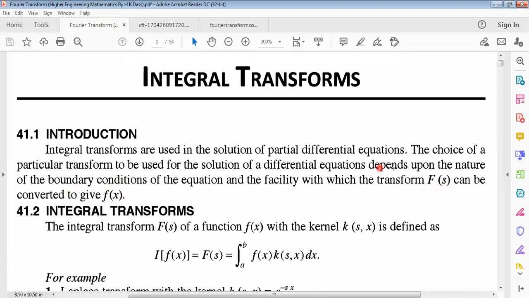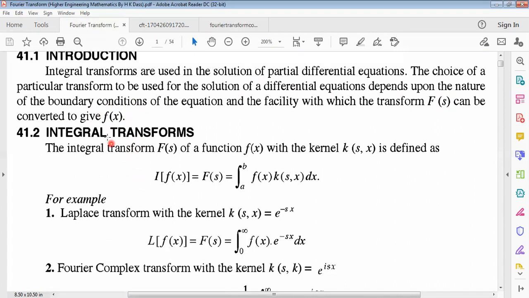Okay, this is the actual Fourier transform, the integral transform F(s), and f(x) is the main function, the mother function. The integral transform F(s) of a function f(x) with kernel K(s, x) is defined as the integration from a to b, where the lower limit is a and the upper limit is b, of f(x) K(s, x) dx.